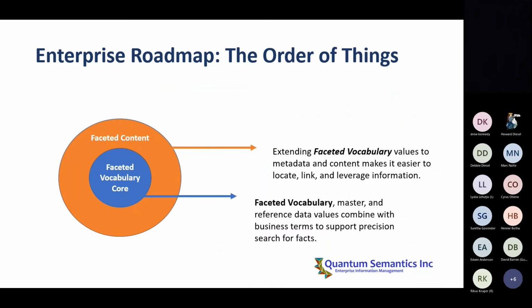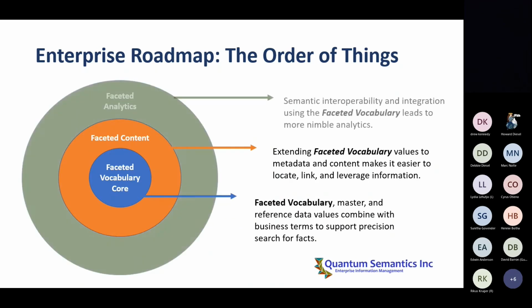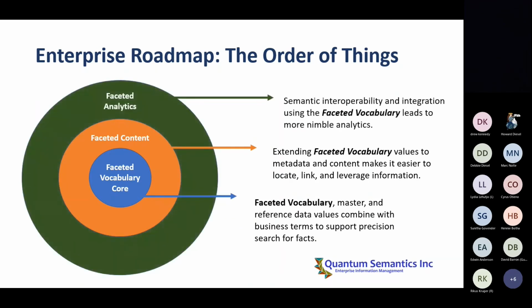The next part is faceted analytics. So the point here is, first of all, you can start very, very small. You can spend a small amount of time and a small amount of money to give immediate results very quickly, if that's not redundant, but you get the idea.